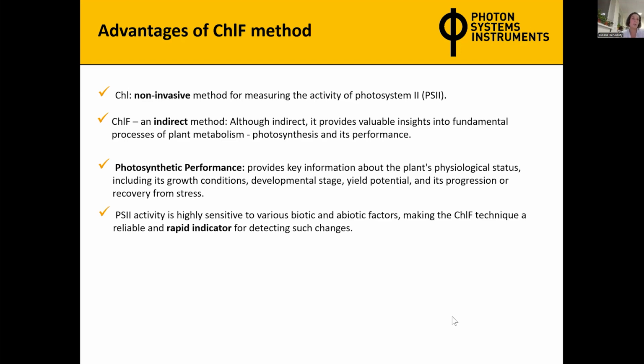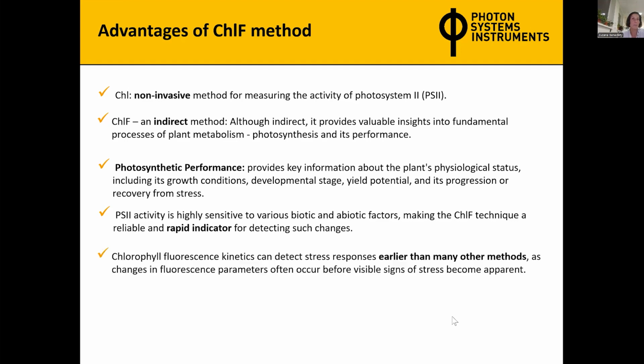Of course, PS2 activity is very sensitive to different biotic and abiotic factors. And the most important thing, it's very rapid. If you even press the plants with your fingers, you can immediately see it in the chlorophyll fluorescence transient, and for sure you will not see anything by eye, or maybe even later you will not see changes in the pigments.